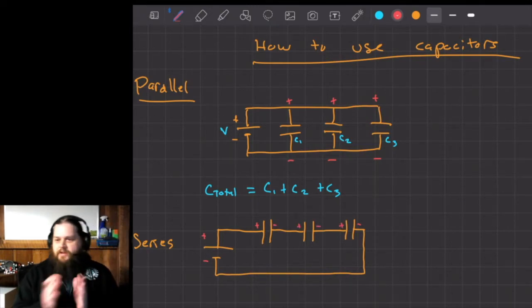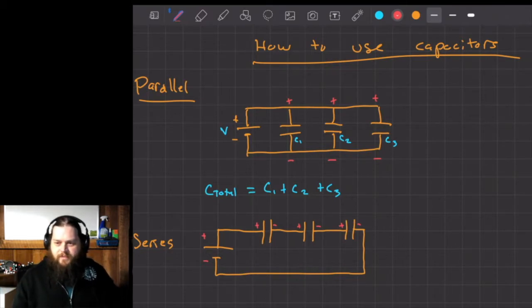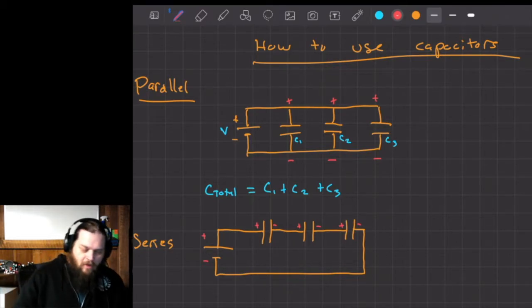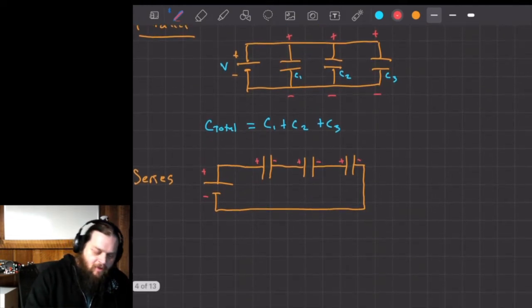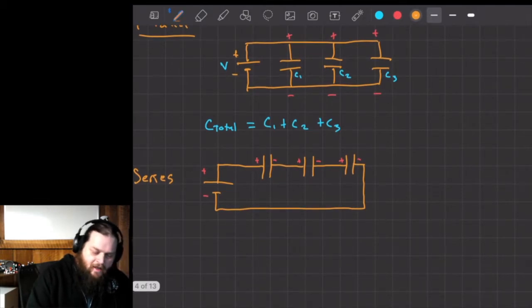But the voltage changes between those plates. It's no longer the same voltage along each one. And that is all determined based on the capacitance for them. But we could figure out the total capacitance by adding all those values. So again, we have C1, C2, and C3.